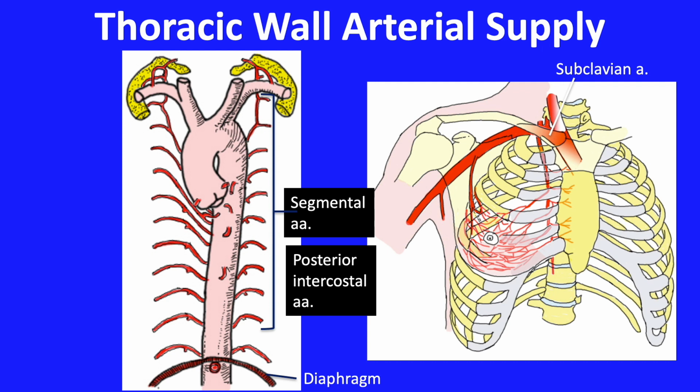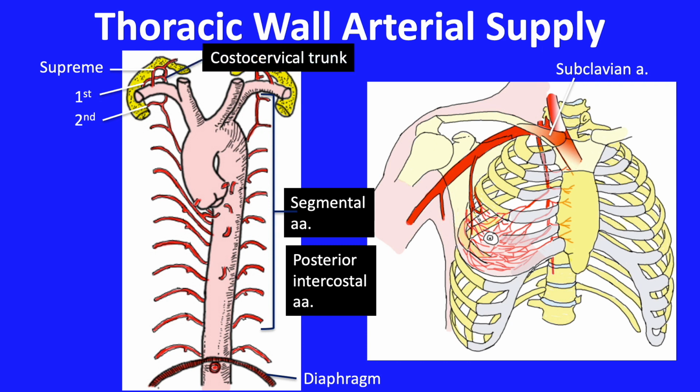For reasons that depend on development, the first two intercostal vessels are branches of the superior intercostal artery that in turn arises from the costocervical trunk, a branch of the subclavian artery.